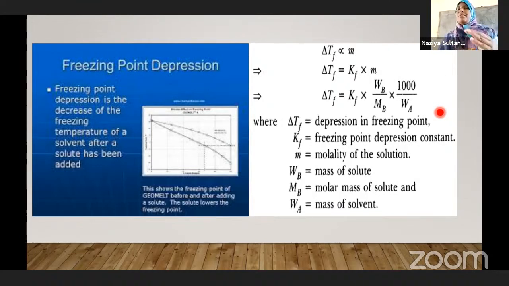Upon adding the solute, the solution's freezing point has decreased, so we call it depression in freezing point. That is also the difference between the freezing point of the solution and the pure solvent, represented as delta TF. And that is again directly proportional to the molality of the solution.